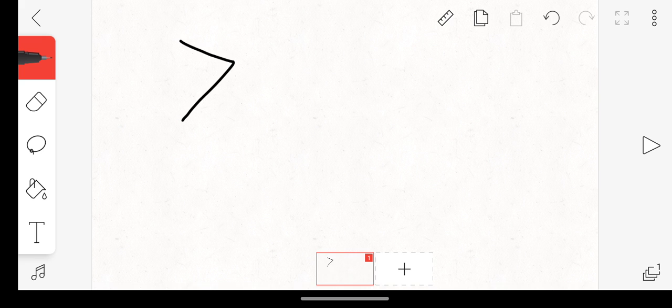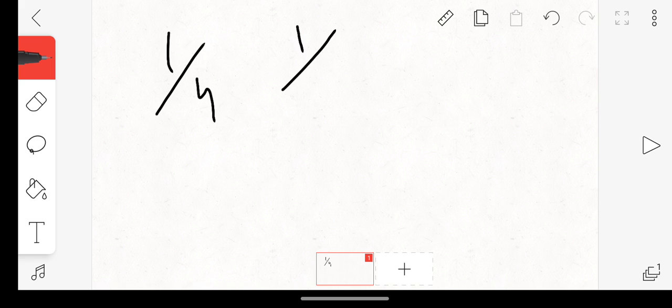So, here's what I'm gonna do. You are gonna tell me which one is bigger. Is it bigger or less than? So, 1/4 and 1/8.